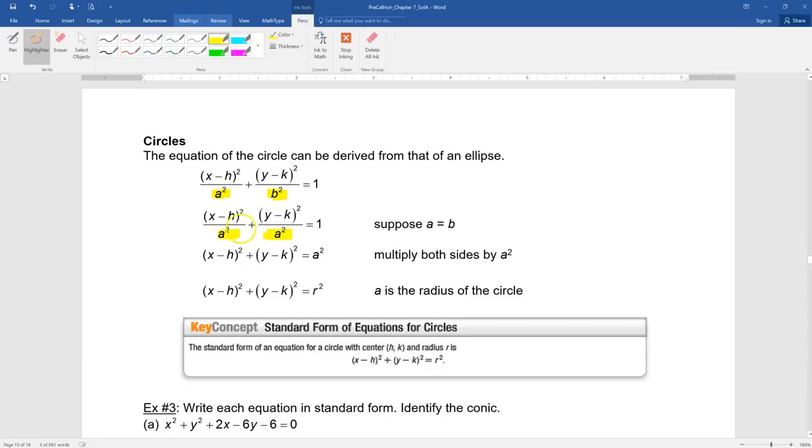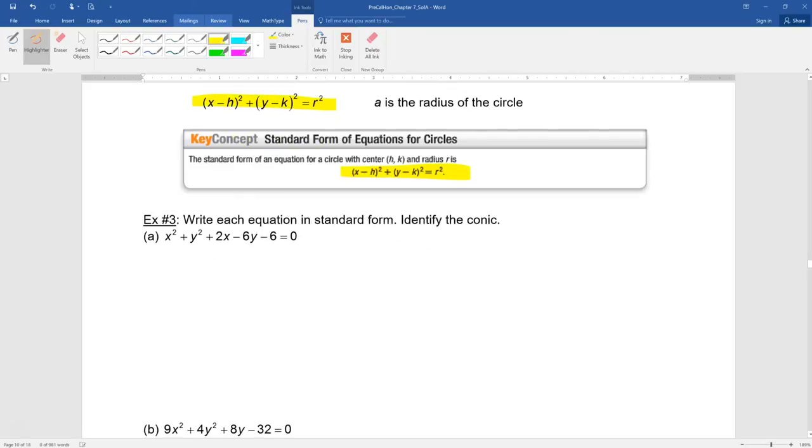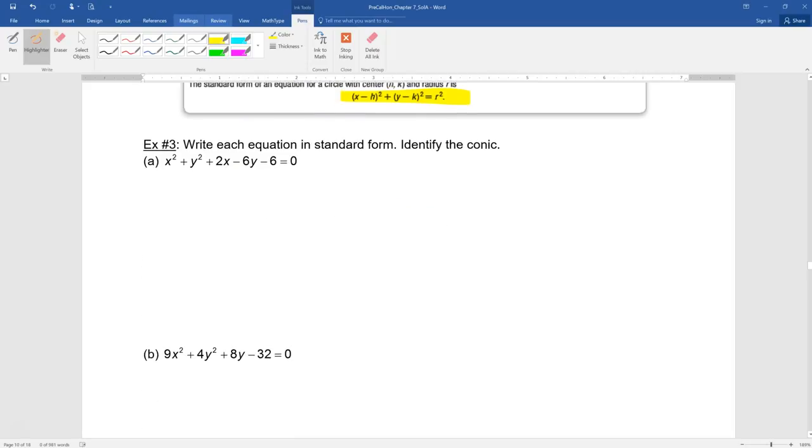And if you multiply both sides by a squared, then what do you get? A circle, except instead of the a, we call it the r. So a circle is just an ellipse where the vertex and the covertex are equidistant from the center. Excellent, right? So that's where the circle comes from. It's nothing special.